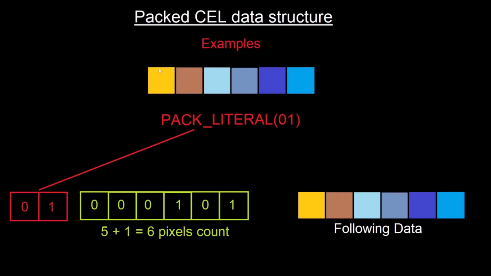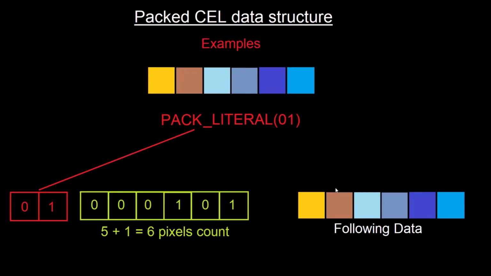So you have the pixels as they are, and you have 1 extra byte for the header. So that's a bit of a loss compared to having these pixels unpacked. But if you have many series with literal and then repeat sections and so on, overall you might win.